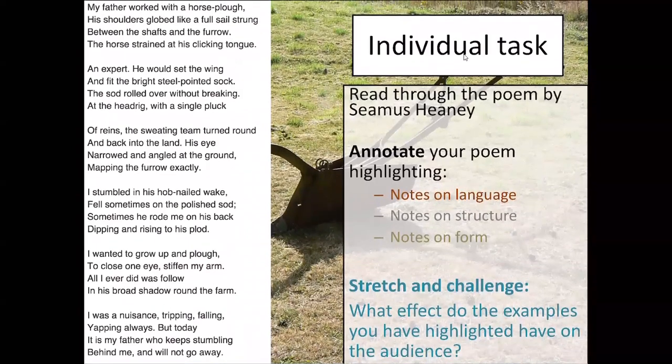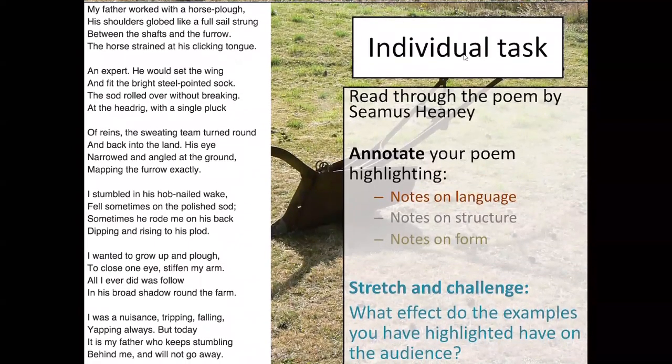So even if we pick out words such as "his shoulders globed," "an expert," there's very specific language that's being used, very precise. When it gets to him in stanza 4, we get words like "stumbled," "fell sometimes." Lots of uncertainty begins to creep in stanza 4 when he's talking about his own performance.